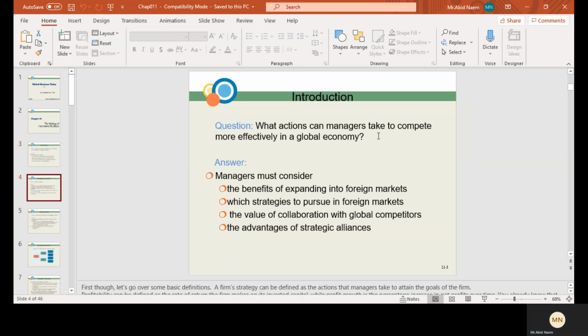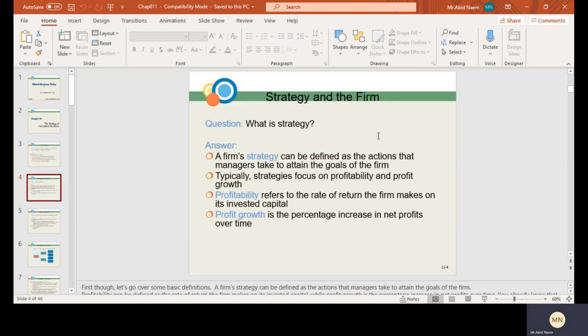So let's clear the definition of strategy. A firm's strategy can be defined as the actions that managers take to attain the goals of the firm. Typically, profitability and profit growth are the two main focus areas for any firm when it wants to expand its business. Profitability refers to the rate of return the firm makes on its invested capital.